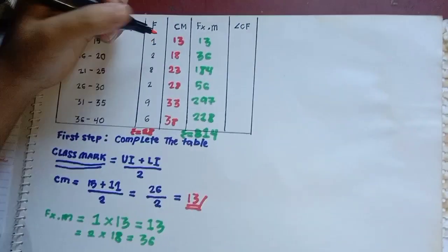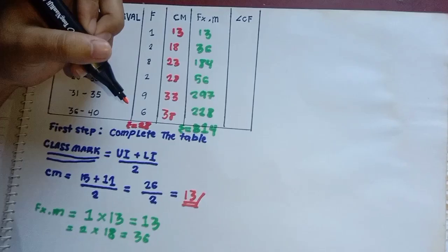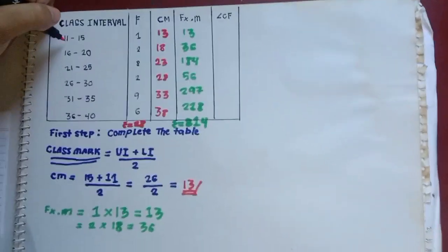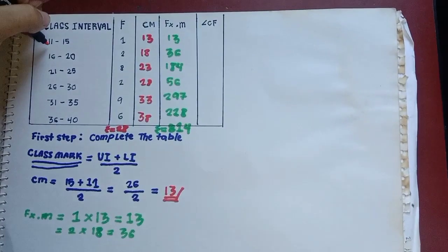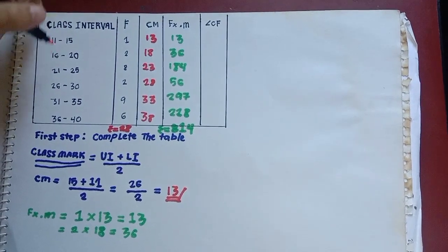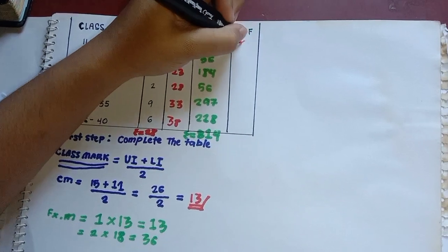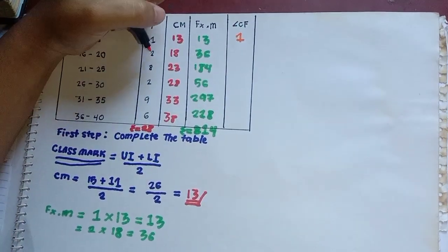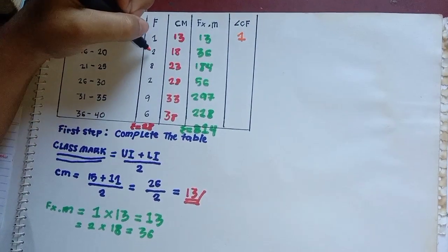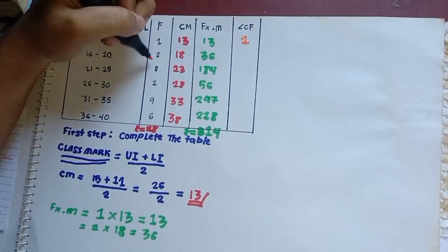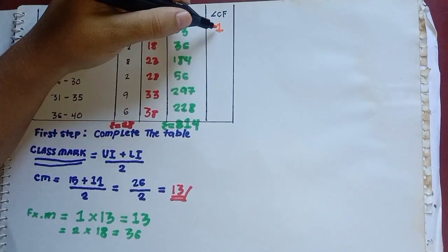We can solve this by simply adding all of our frequency data starting from the lowest class interval frequency, which is 1. So we just copy the first frequency there to get our first cumulative frequency, which is 1.